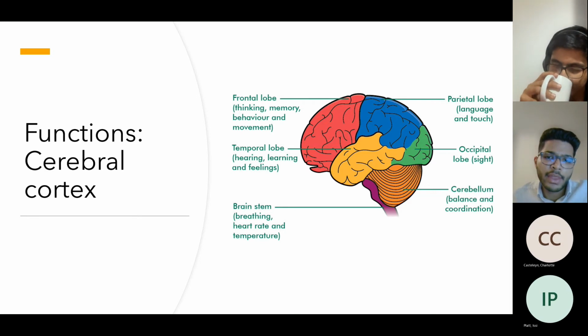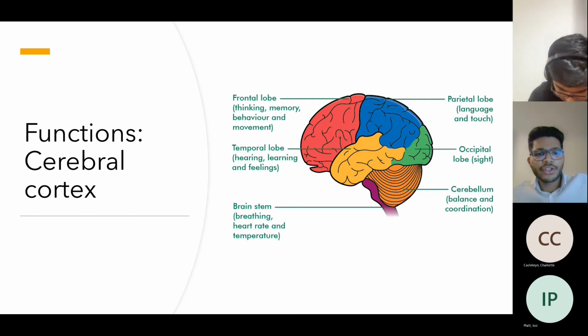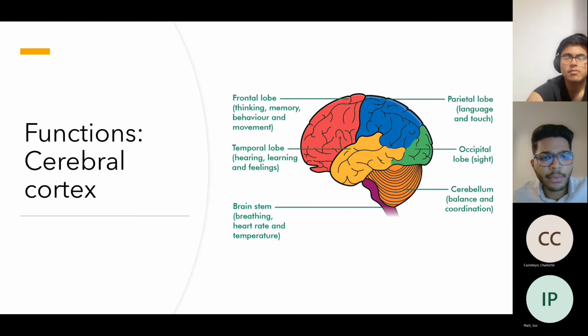I'll leave you to have a look at that in your own time. I'm sure that you know most of these anyway. The main ones that I want to draw your attention to are the frontal lobe and the parietal lobe. Because the frontal lobe, if you remember, houses your motor cortex, which is located here where my red pointer is, and your parietal lobe houses your sensory cortex, which is here.